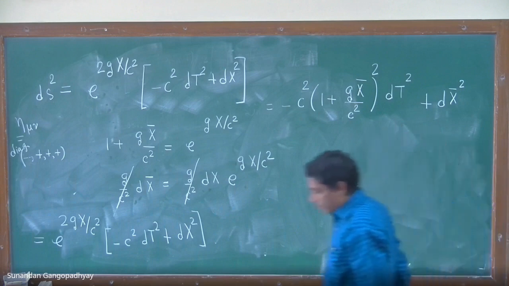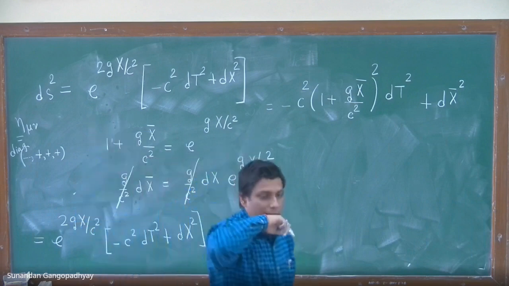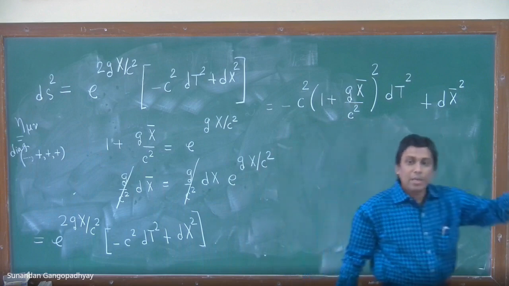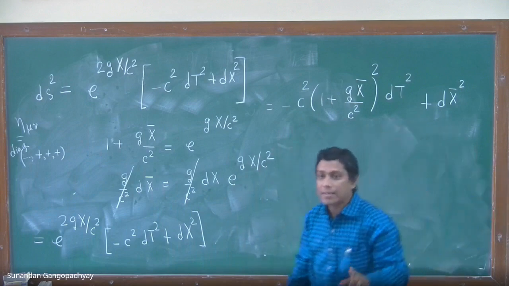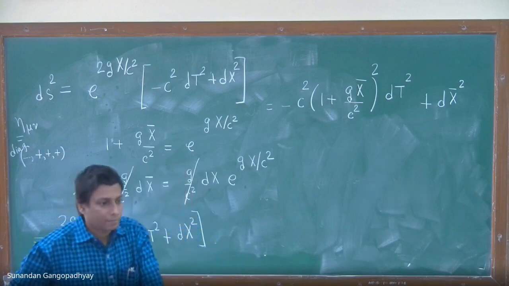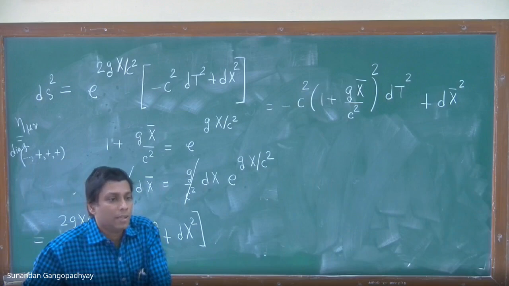First of all, you can see that if you take this uniformly accelerating observer, then the metric as measured from the point of view of the uniformly accelerating observer is a curved metric. That is fine. But now comes the most important thing in general relativity, and what is that?